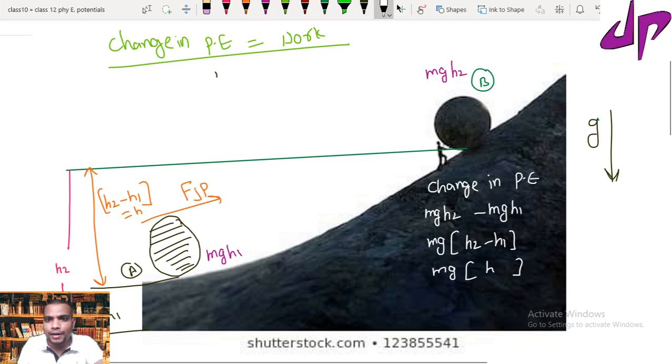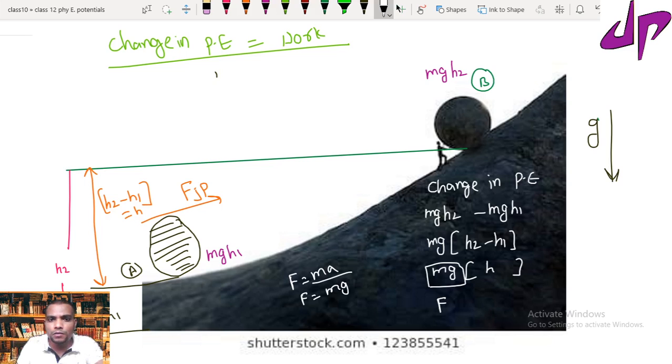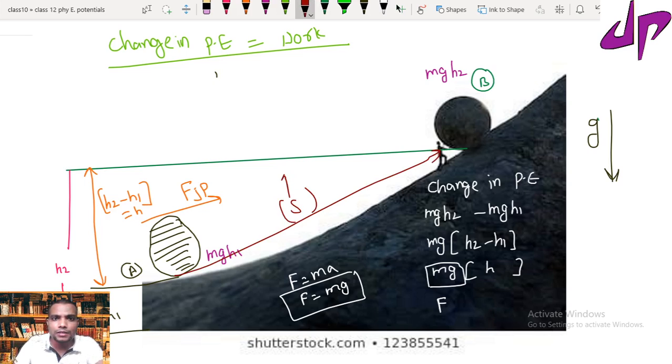Now I can write this mg as nothing but force, since F equals ma, and in place of a I can write g, so F equals mg. And h is nothing but the displacement from here to there. So this is the displacement s, and in place of h I can write that displacement.